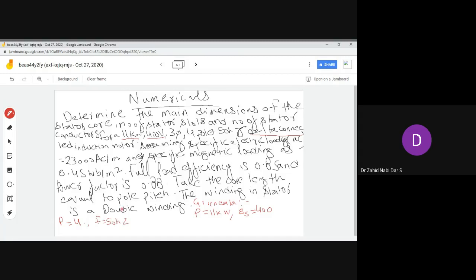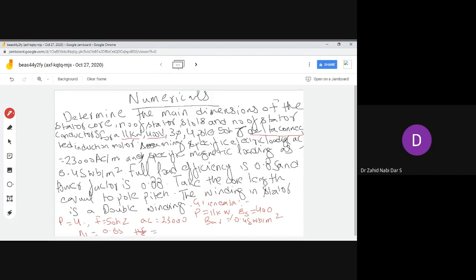Apart from that, ampere conductors is given as 23,000, and your average flux density, B average, is also given as 0.45 Weber per meter square. Efficiency is given as 0.85.